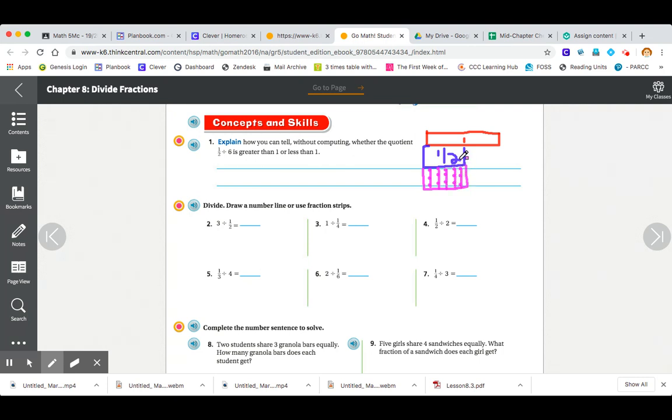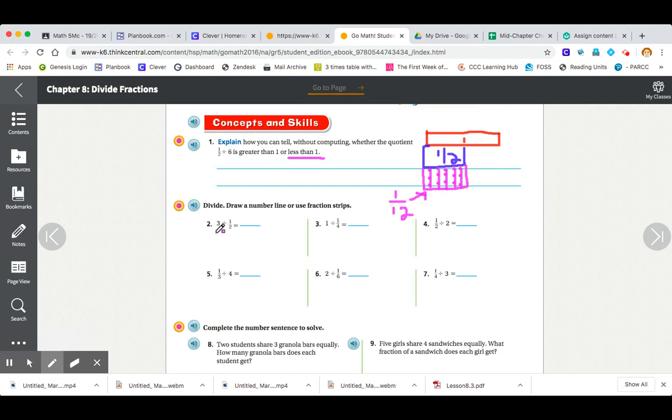So 1/2 divided into 6 pieces, each one of those pieces is really only 1/12. So the correct answer is that the quotient is less than 1 since I'm dividing a fraction into more parts.